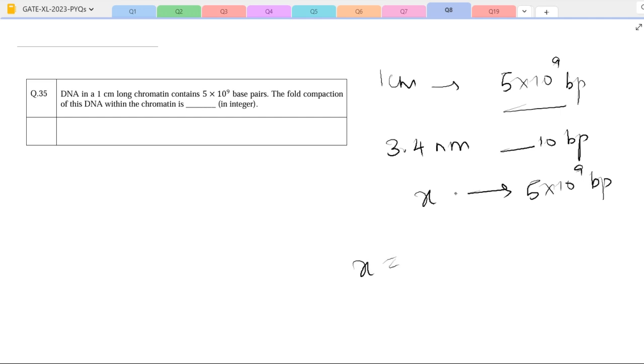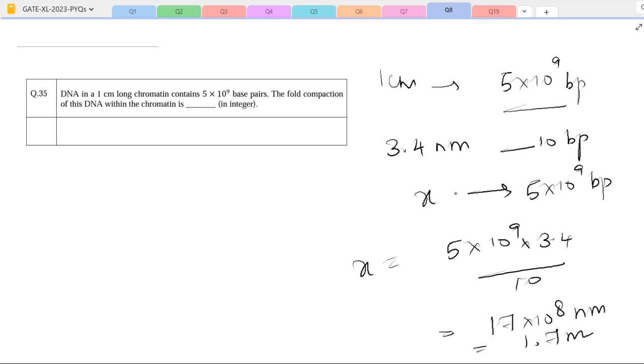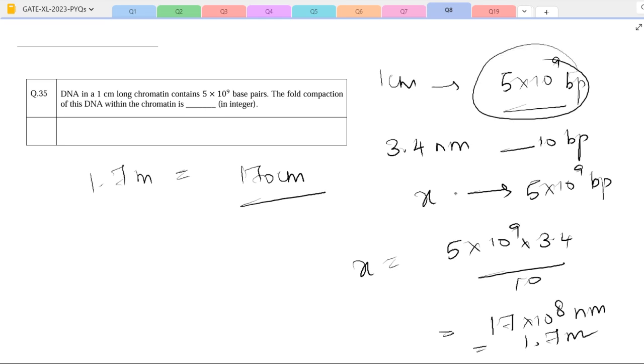That will be x equal to 5 into 10 power 9 into 3.4 divided by 10. That will give you an answer of 17 into 10 power 8 nanometer. That will be 1.7 meter, which is equal to 170 centimeter. So ideally, 5 into 10 power 9 base pairs should occupy 170 centimeter if it follows this.